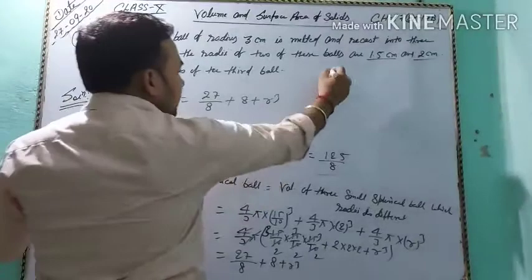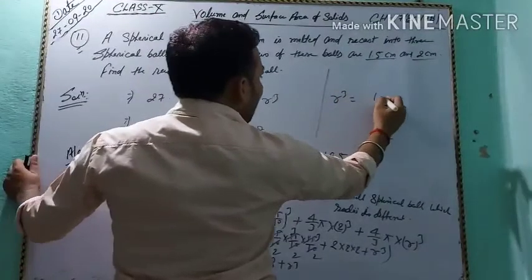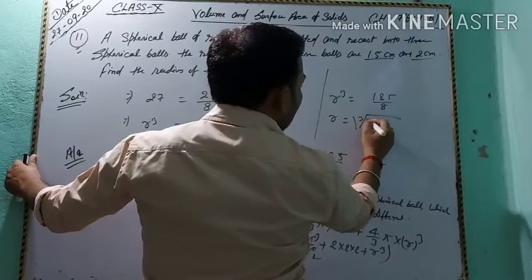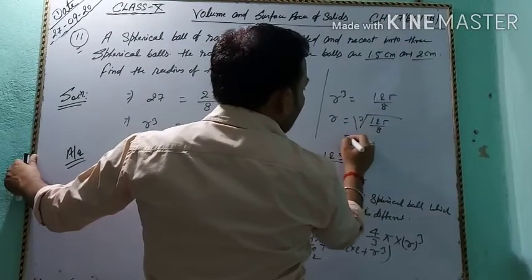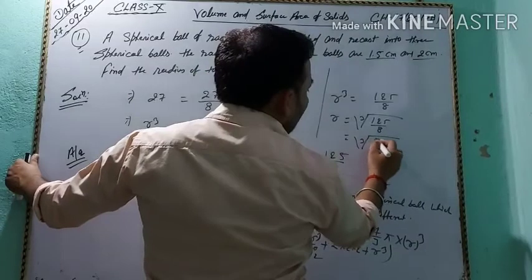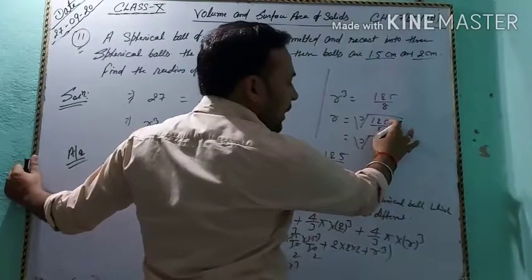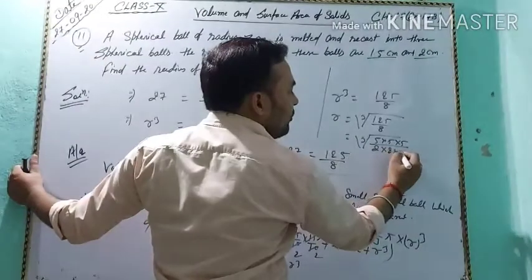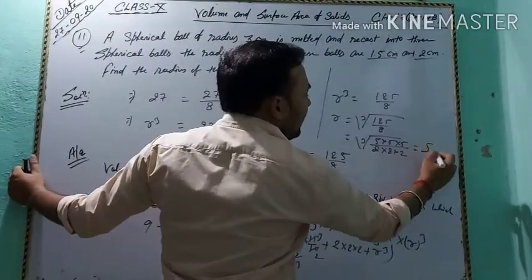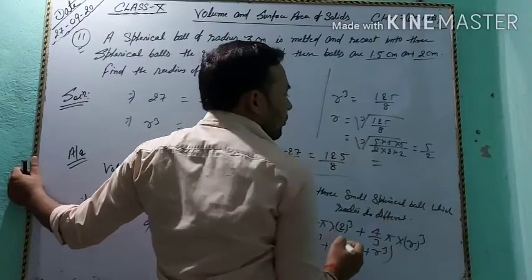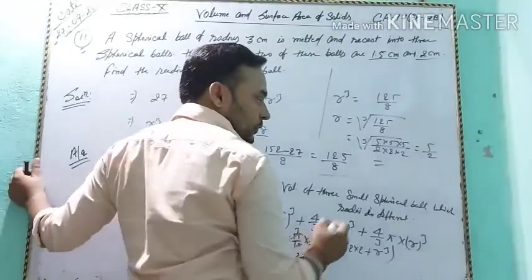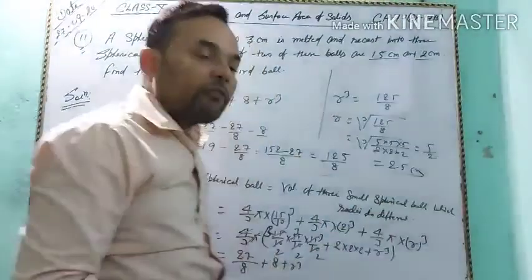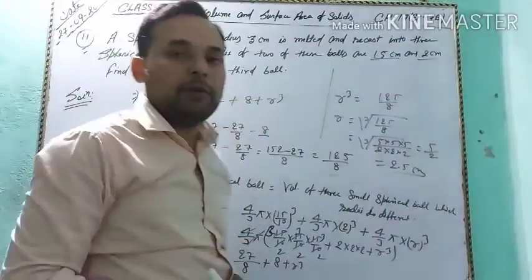So students, here r cube equal to 125 by 8. That is r equal to cube root of 125 by 8, and 125 we can write as 5 multiply 5 multiply 5 and 8 as 2 multiply 2 multiply 2. That is 5 by 2, that is 2.5 centimeter is the radius of the third spherical ball.